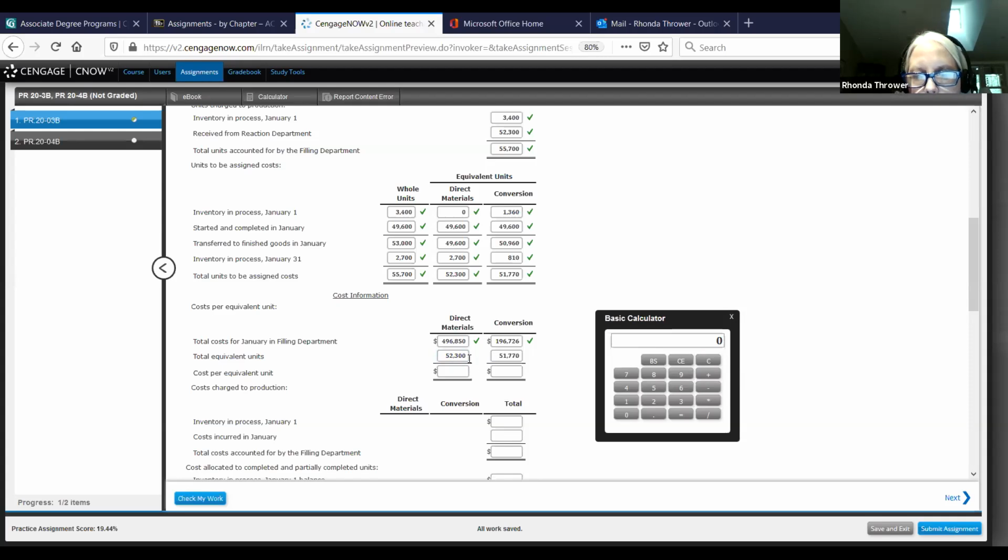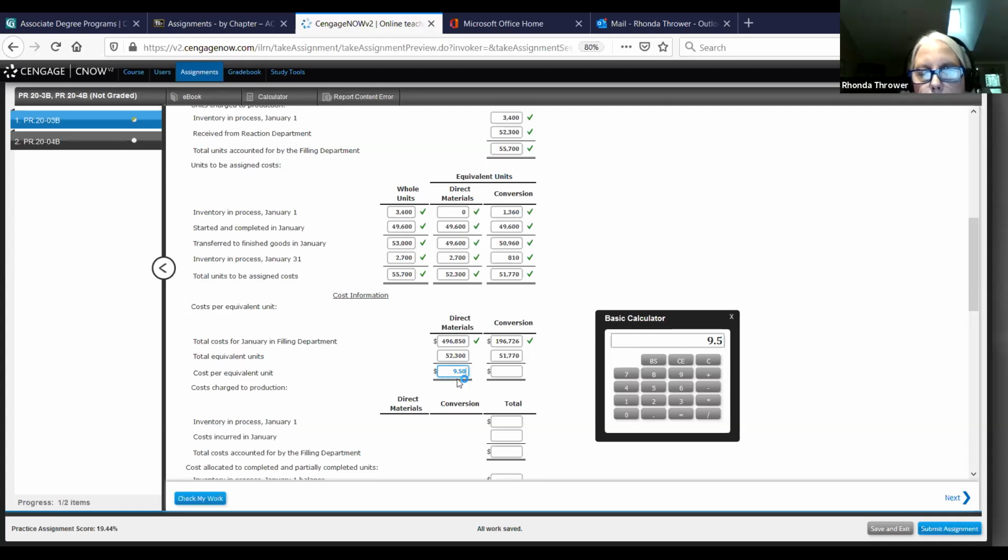Okay, again, I'm going to take my materials cost, $496,850, and I'm going to divide that by 52,300, and that's going to give me $9.50 for my equivalent units for direct materials.